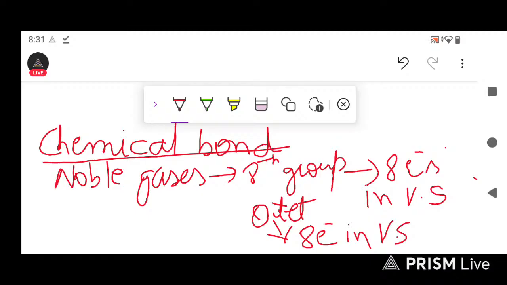Noble gases already have 8 electrons in their valence shell, so they need no more electrons in the outermost shell. When the octet is complete, they are stable. So every element wants to be like the noble gases.